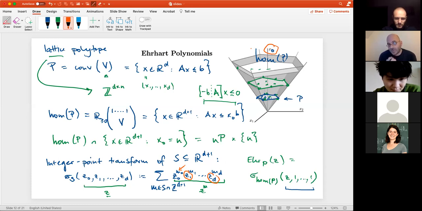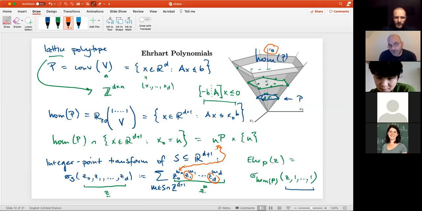And so the m0 coordinate tells me how high I am in my cone. So you can think of this m0 coordinate as really corresponding to the dilation, correct? This is what we're saying up here.